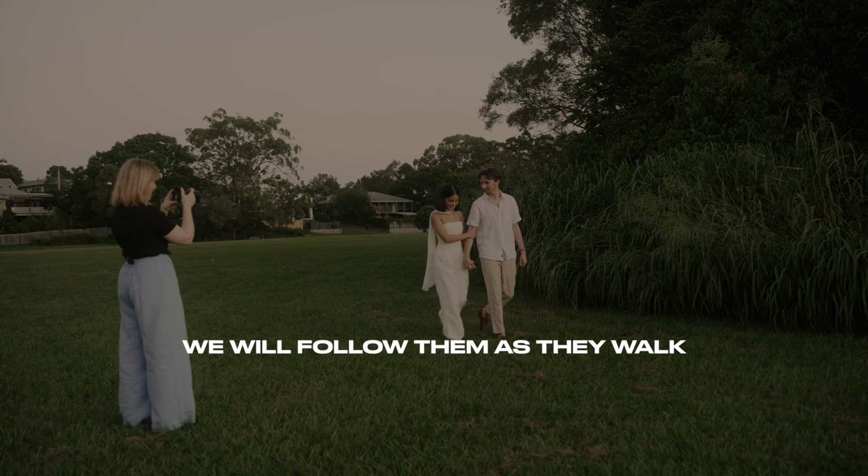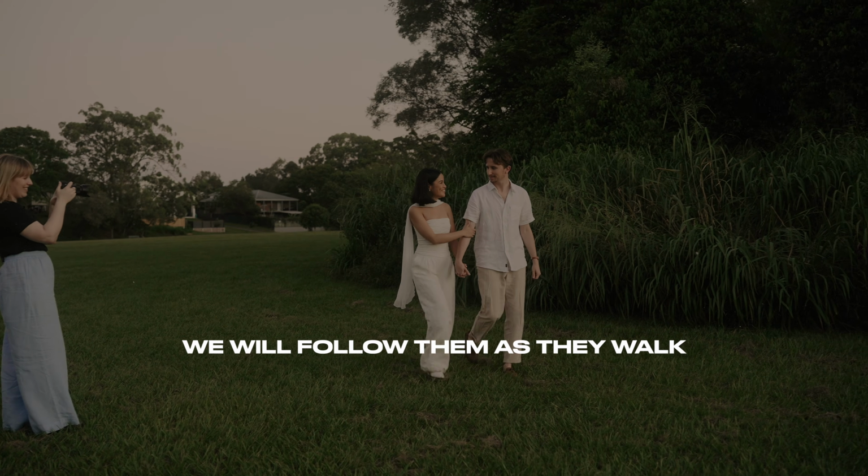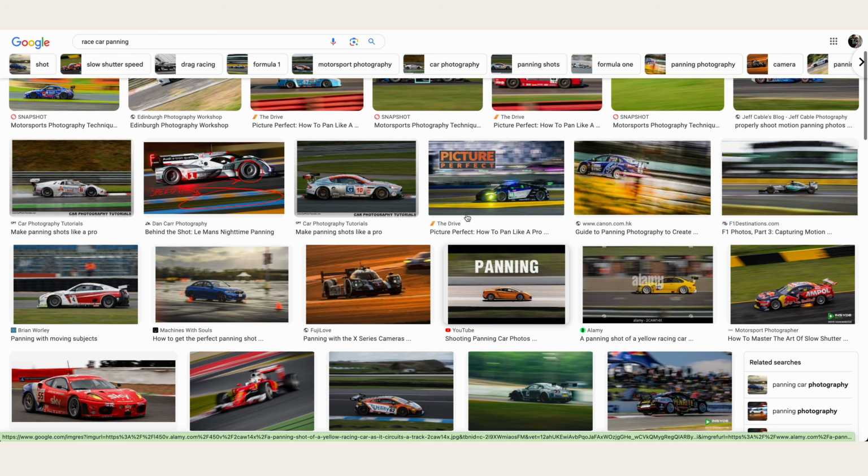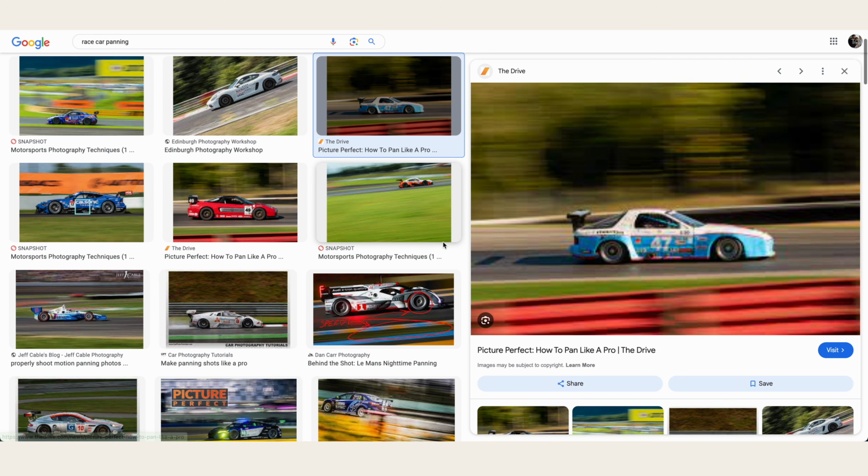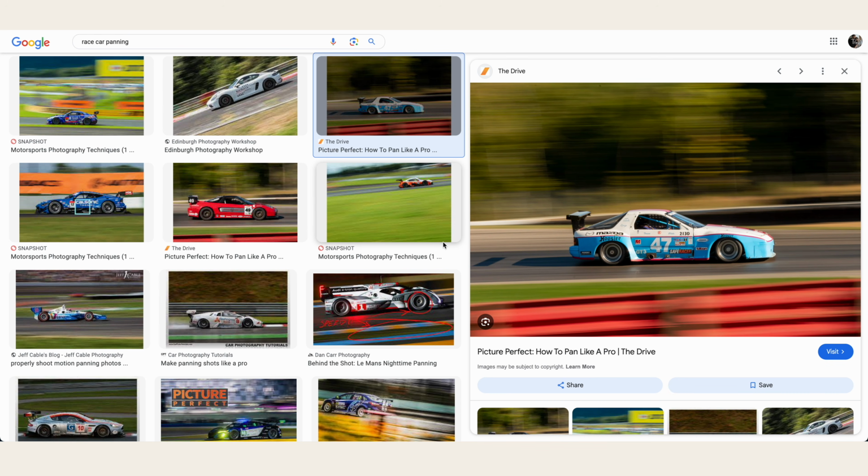The next use case is also during the portrait session, where we will have our couple parallel to the camera, and we will follow them as they're going. And this is a great technique you'll often see in sort of sports photography with maybe a race car or something, where the race car is sharp or there's an element of sharpness, but the background is blurry.